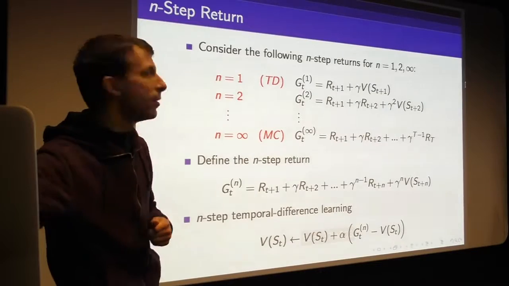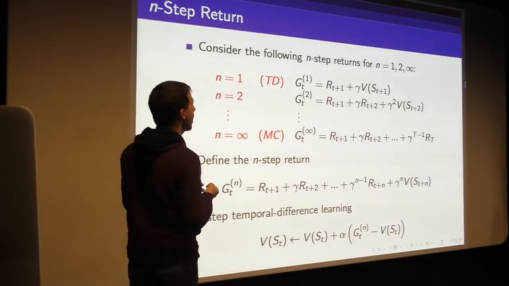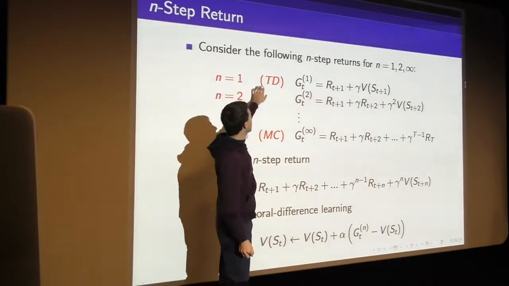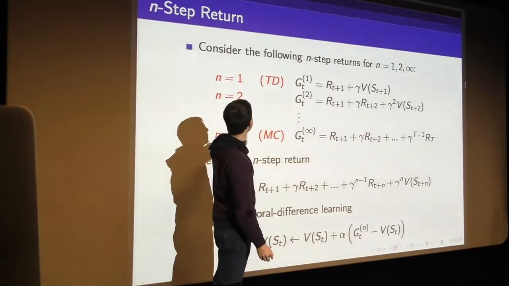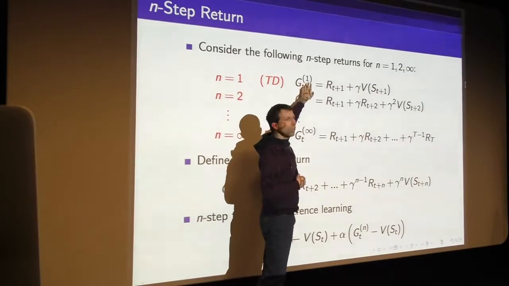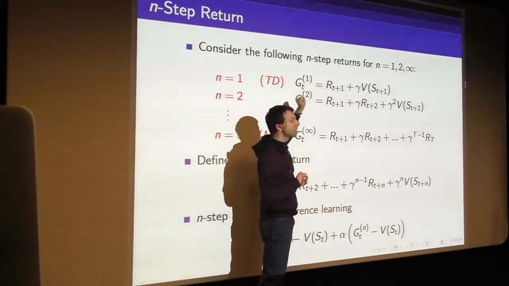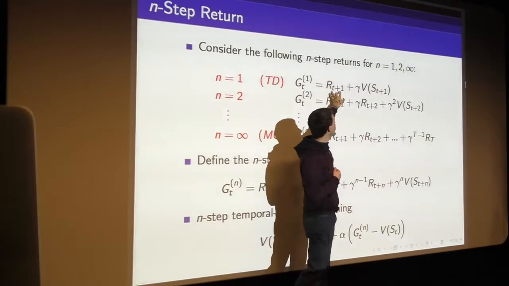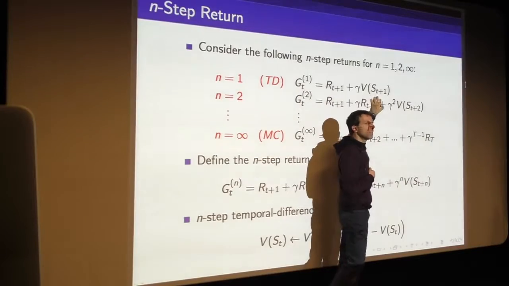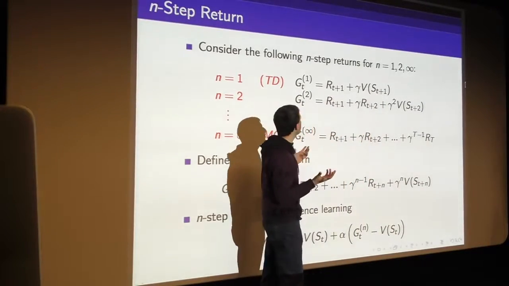Okay, so let's specifically try and write out what that means. So far we looked at the TD0 estimator. That's when n equals 1. So when n equals 1, we make what we call a one-step return. This G1 is a one-step return, where we just look at one step of the real return, and we look at our value function in the state that we ended up in after one step. But now let's define the two-step return.